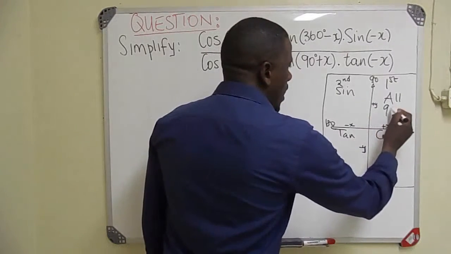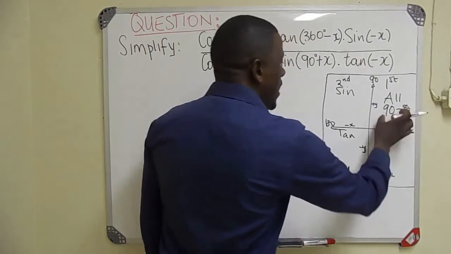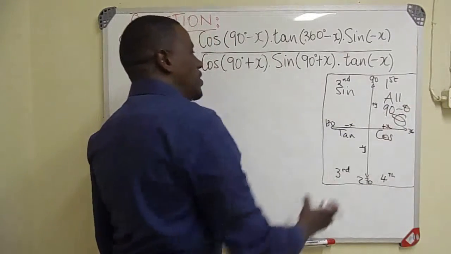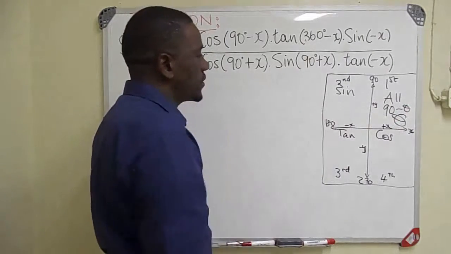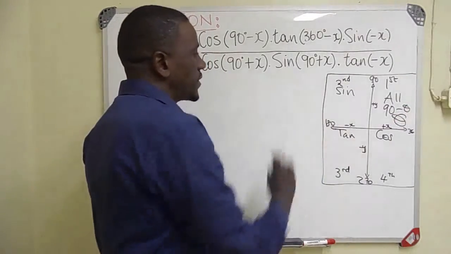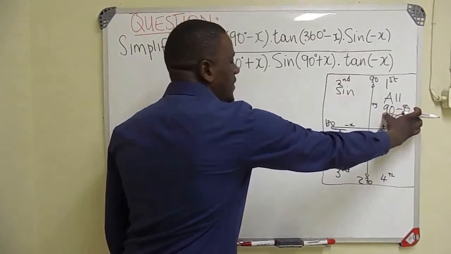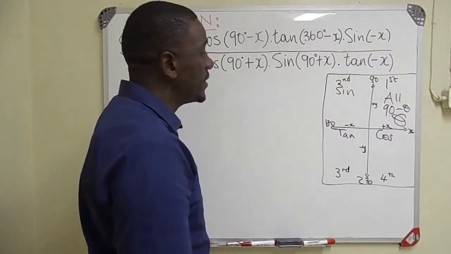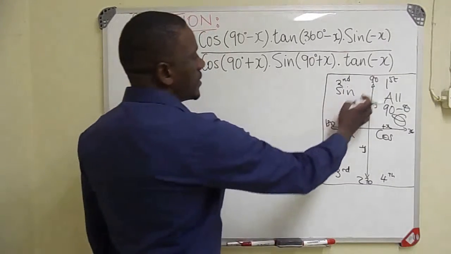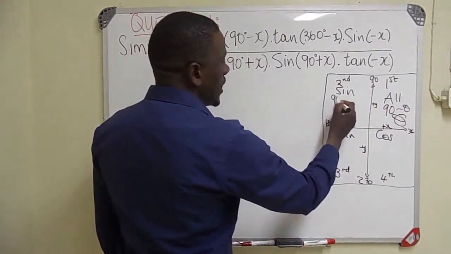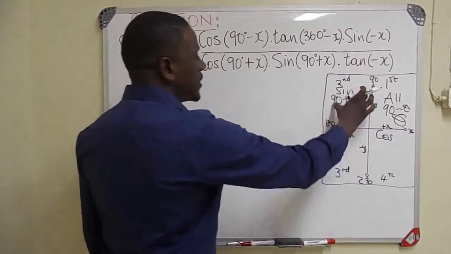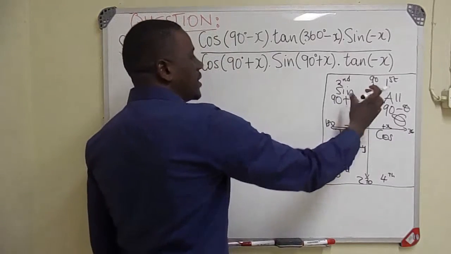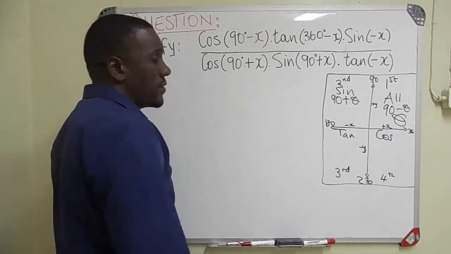Also, an angle 90 minus theta, in the case where we use co-ratios, changing from sine to cos, or from cos to sine, is in the first quadrant. And 90 plus theta comes in the second quadrant, since theta is less than 90.